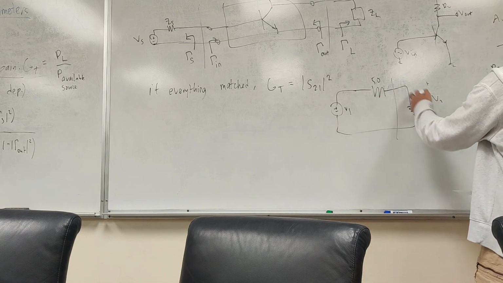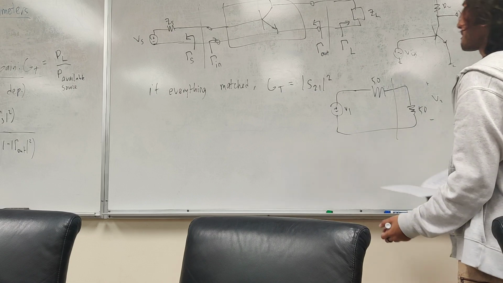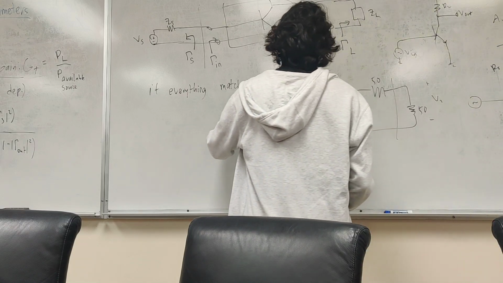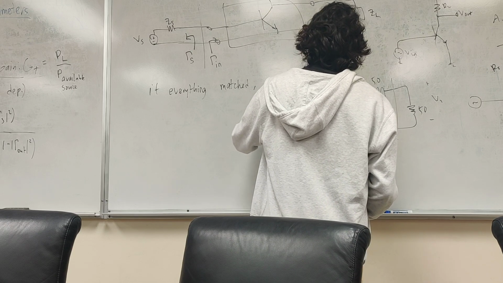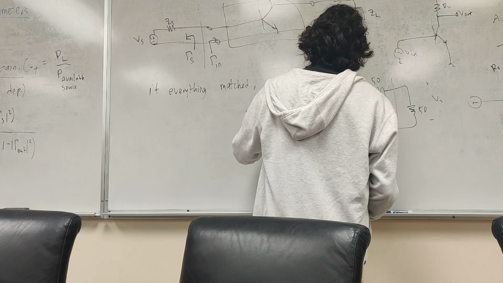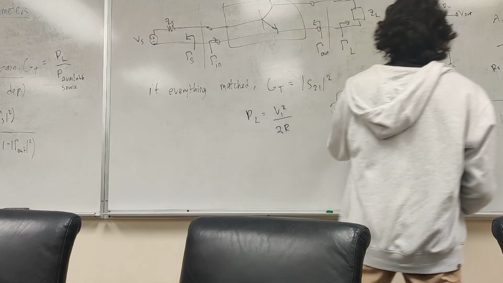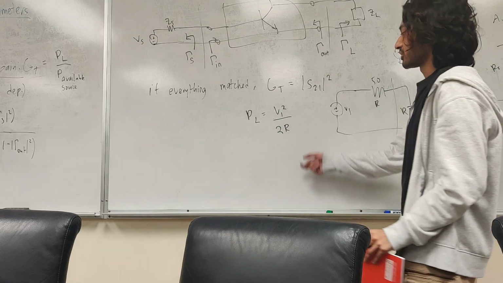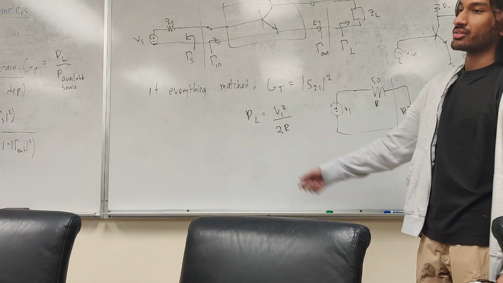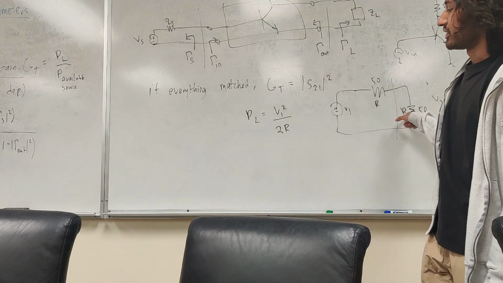The current is the same, the voltage gets halved. So the power at the load is V1 squared over 2R, where both of these are R equals 50. This is different than your normal V1 squared over R from power. You have the voltage divider here.